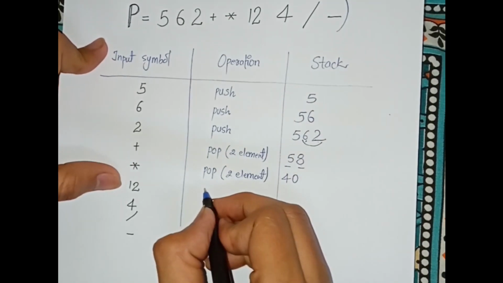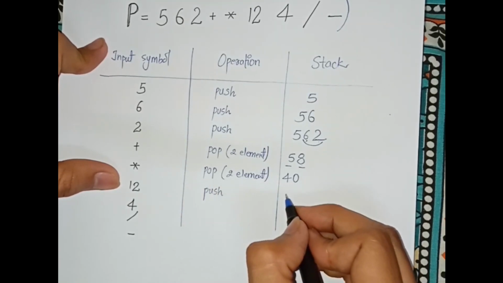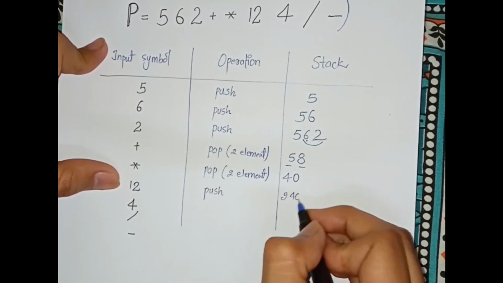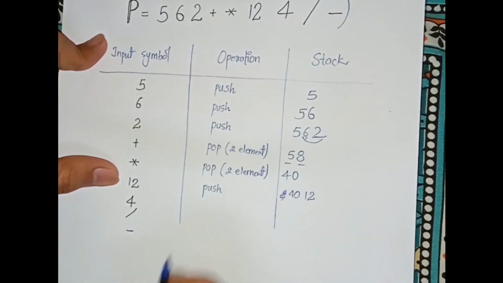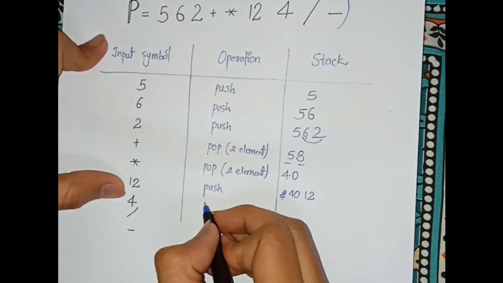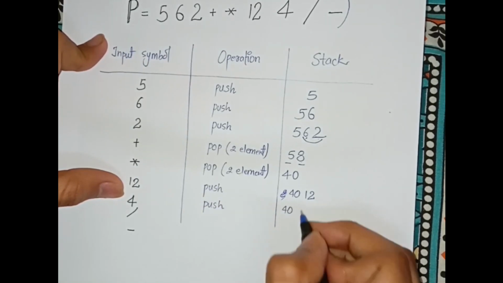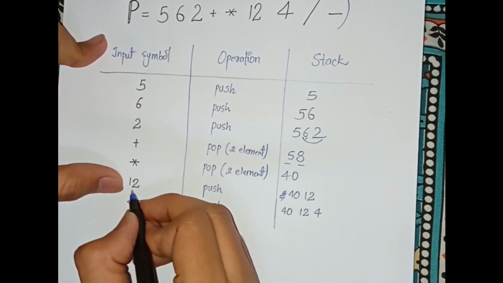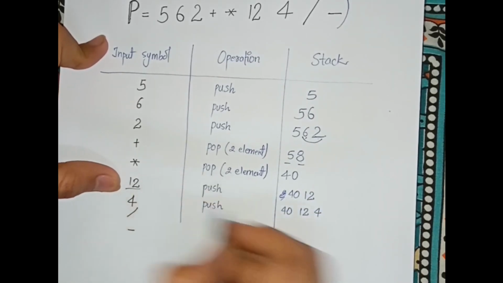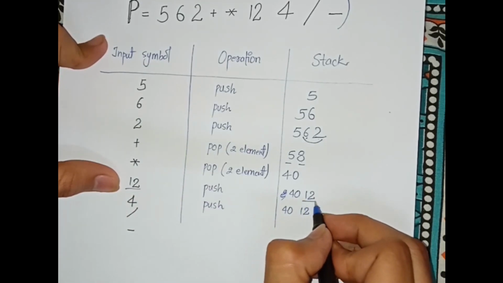Now it's again an operand, so we will simply push it into the stack like this. Now again here it is an operand, so we will push this like this. Now remember that if there is a 2-digit integer, we will write that whole digit as a whole number.